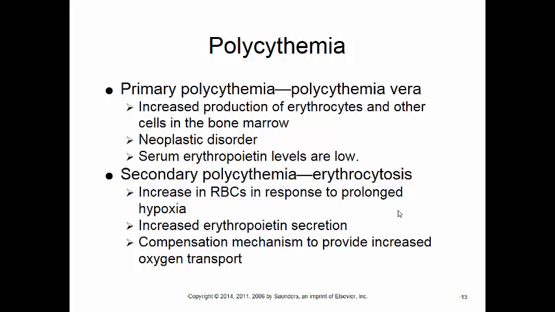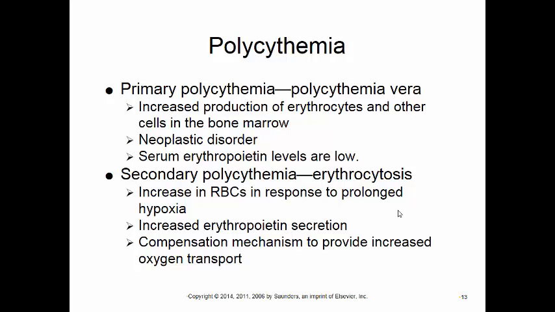Normally, one way it acts is as a compensation mechanism to increase oxygen transport. For example, if a person is in prolonged hypoxia, which means low oxygen levels, maybe they're up on Mount Everest, we're increasing the erythropoietin, which will in turn increase the red blood cell production.